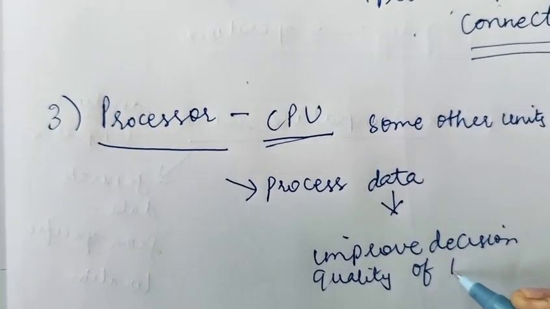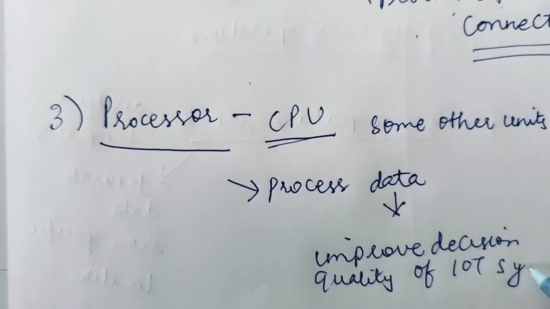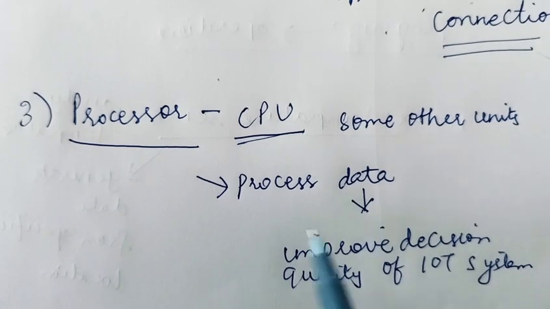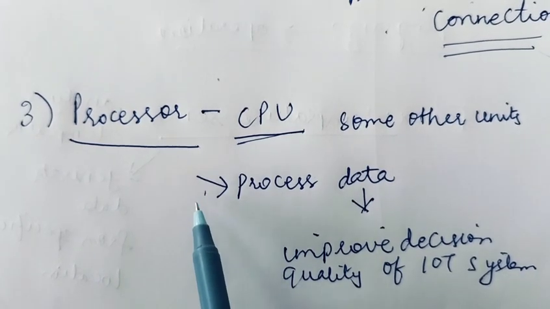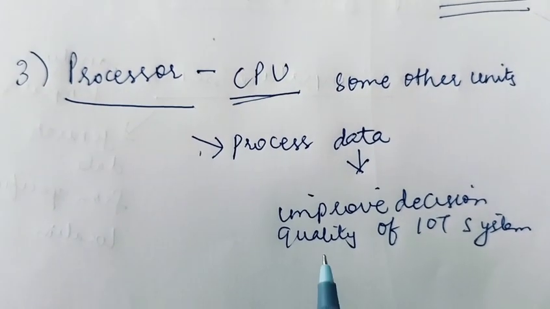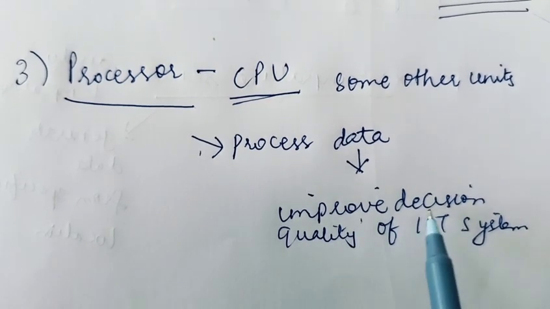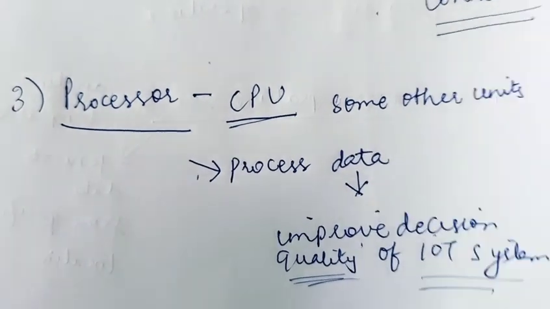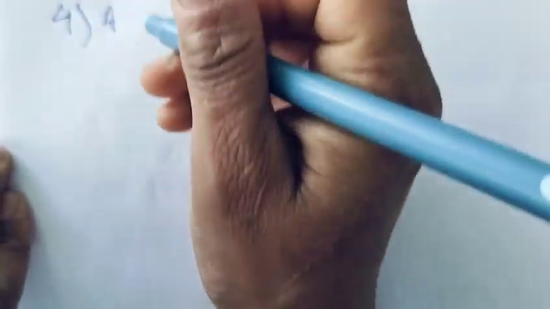This processed data aids in providing analysis, and with the help of that analysis, using analytical systems, you can improve the decision quality of IoT systems.